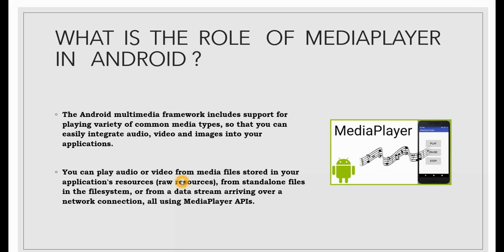So that is one way, and the other way is standalone files in the file system, or you can also use a data stream arriving over a network connection. So you'll use all these methods using media player APIs. So media player means, just remember, it deals with audio, video and images in your Android application.